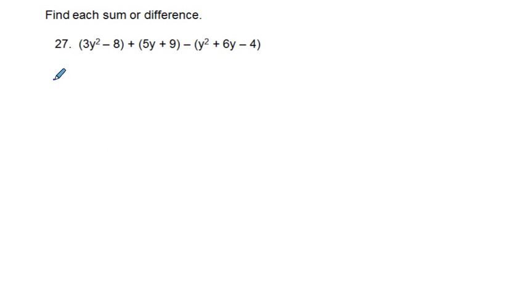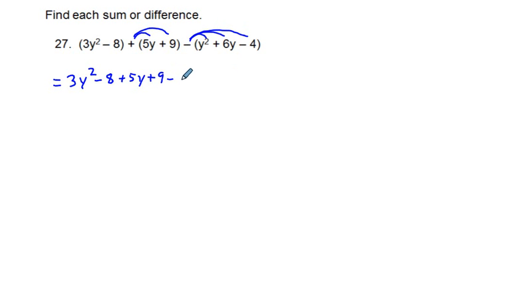We're going to rewrite this first set outside parentheses as 3y squared minus 8. And then we're going to distribute the plus sign in the second set here, so plus 5y plus 9. And finally the minus here: distribute to these three terms inside the set of parentheses.